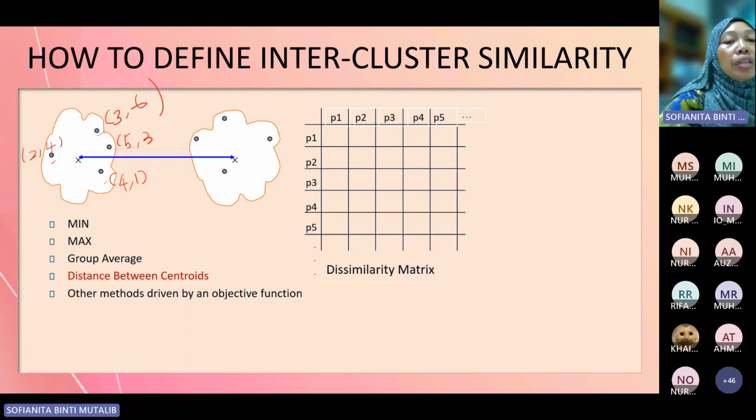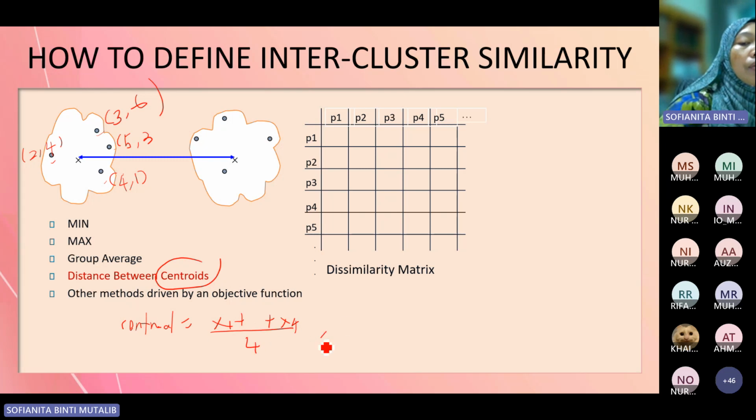So how are you going to get the centroid? If you remember, the centroid is x1 plus up to x4 divided by 4, and also y1 plus up to y4 divided by 4.